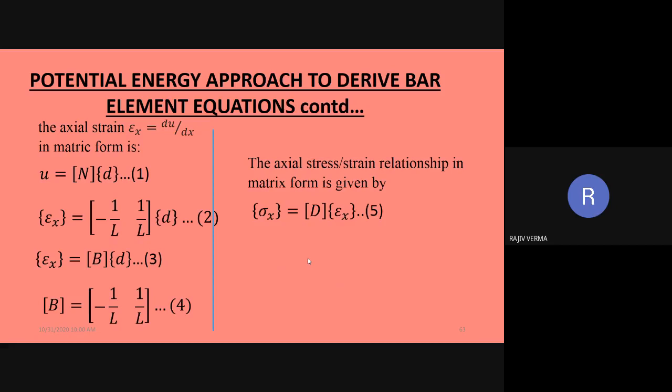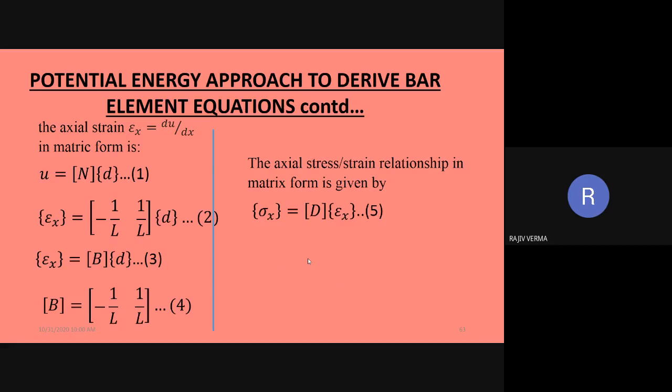But for some other types of materials, the D matrix might not be symmetrical, or it might not be fully populated and things like that. So depending upon the material which you are modeling, the D matrix is going to be taken up corresponding to the material properties.